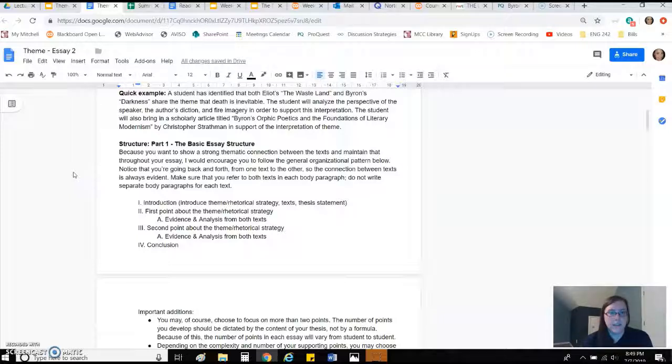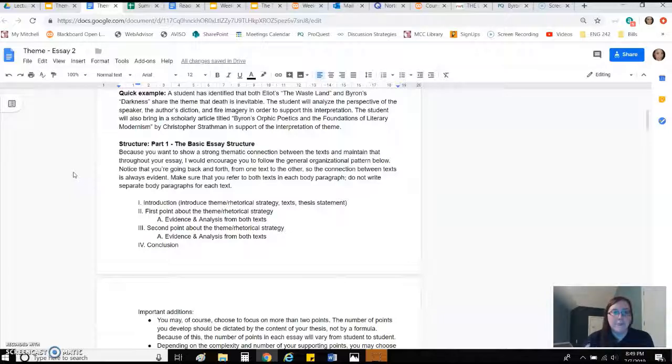Here you see the two texts that the student's going to analyze, the overarching theme they're going to identify, how they're going to identify the theme by looking at specific parts, and then what scholarly article they're going to bring in to support their ideas. And these are the big components of your essay that I want you to have.